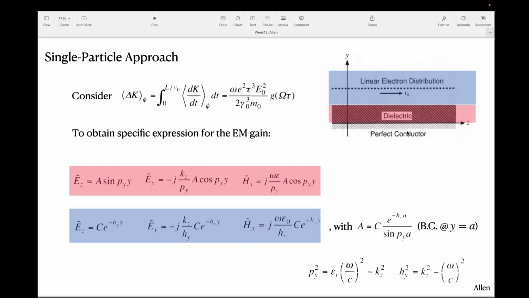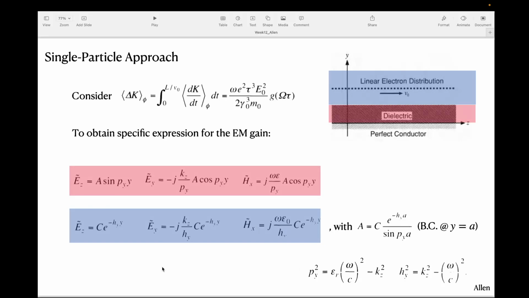So first we need to obtain the field components that we have just learned before, at the dielectric and also outside the dielectric region, where the blue region is expressed in this form.